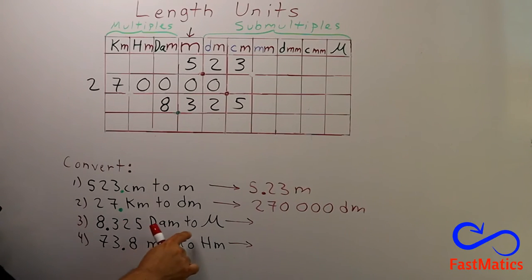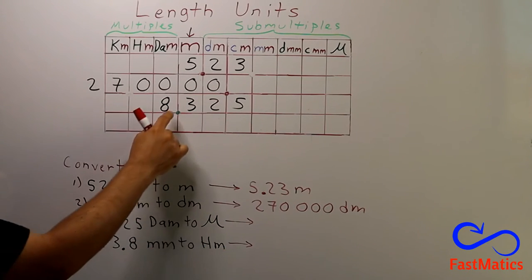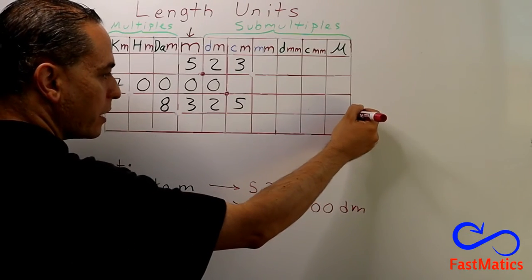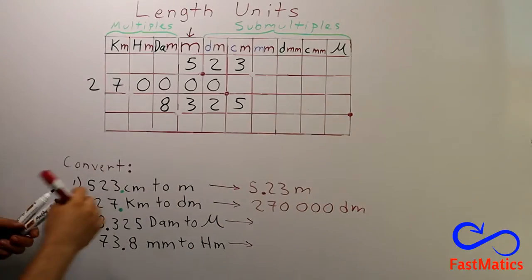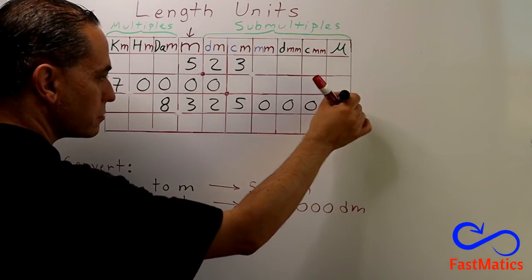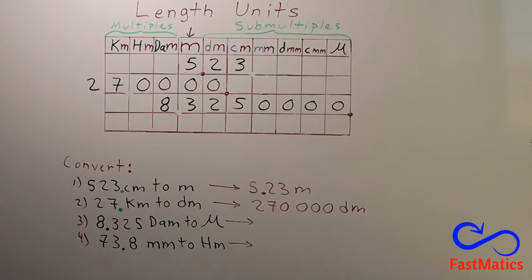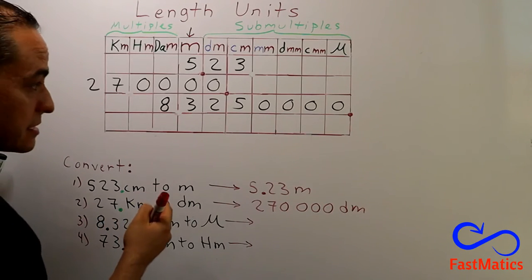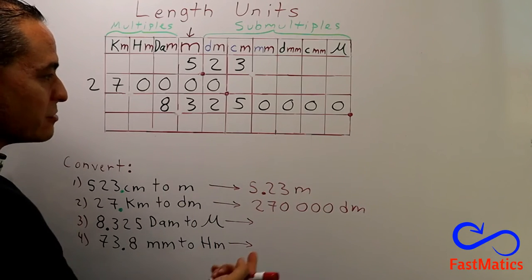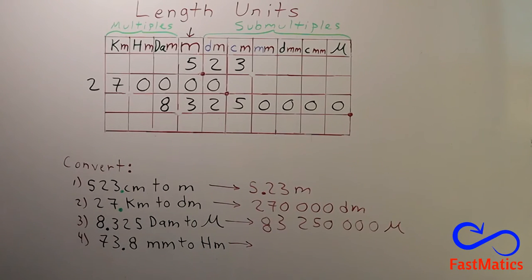Now you want to get microns. So you erase the decimal point from here and you put it at the end of the microns abbreviation. And you fill with zeros. Now the answer is 83,250,000 microns.